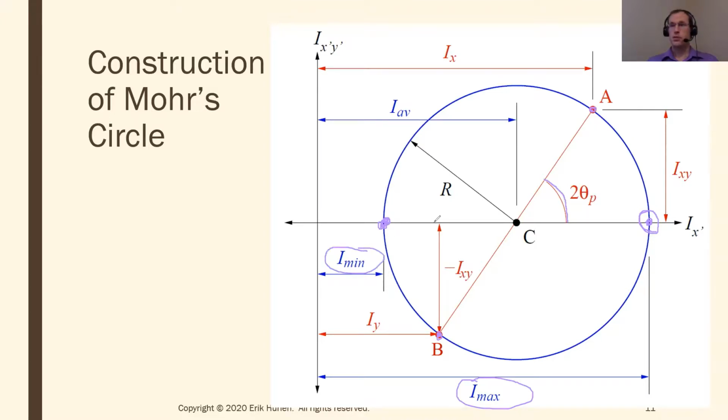So there are your two principal moments of inertia and your principal angle, all found through geometry and trigonometry: equations of a circle, sine theta, cosine theta, center point offsets. So that's another way to find principal moments of inertia using Mohr's circle.